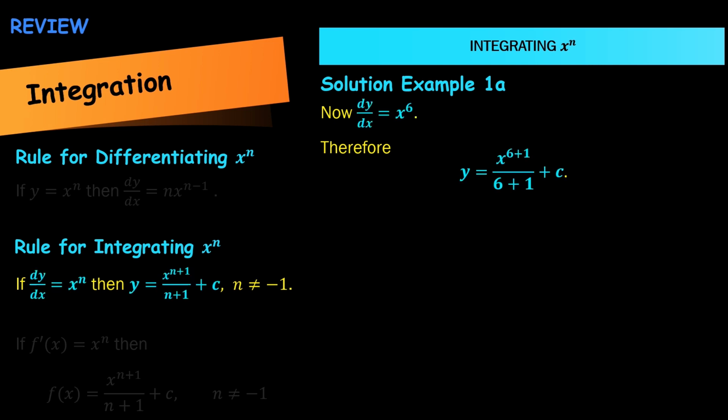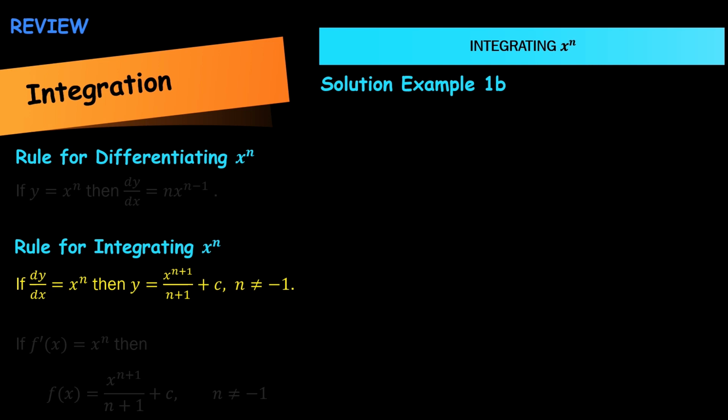So we now have x to the power 6 plus 1 divided by 6 plus 1. And of course we must add the constant of integration, c. Here's the value n plus 1. And this becomes x to the power 7 divided by 7 plus c.